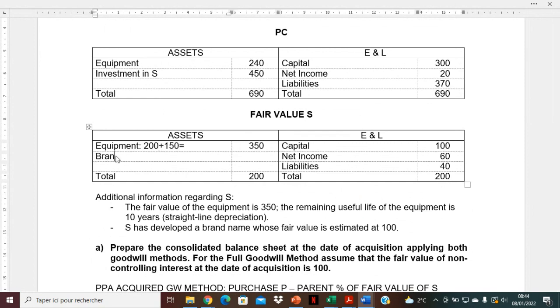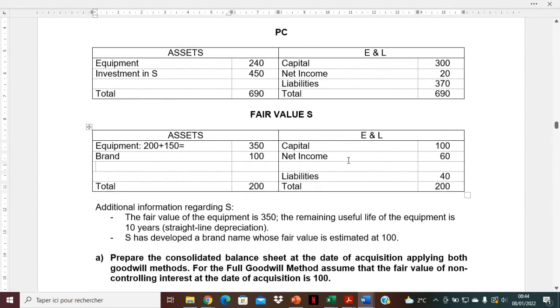I need to recognize a brand name, and it has been valued at 100. And I need to balance all this by increasing equity and adding something like retained earnings, which will increase by 250. So once again, I add 250 on the asset side, 250 on the liability side.